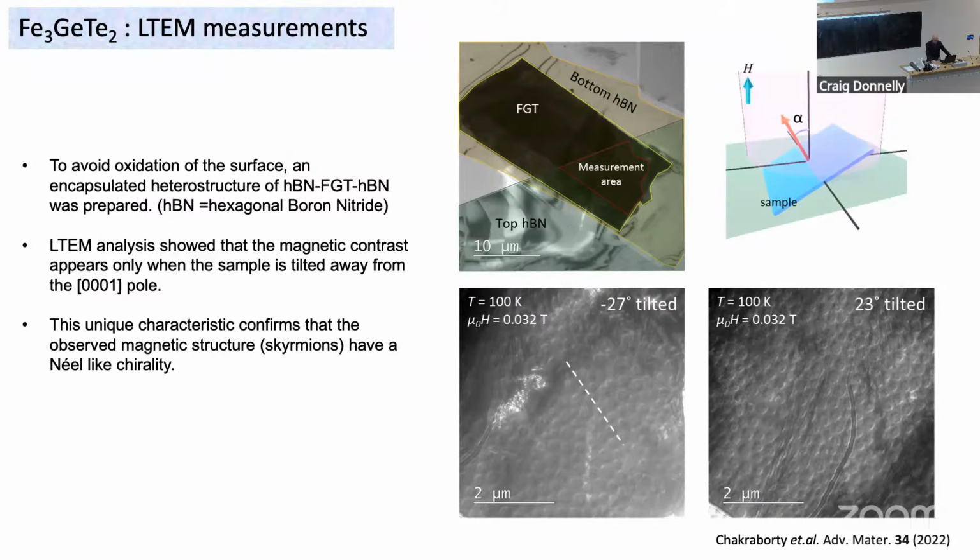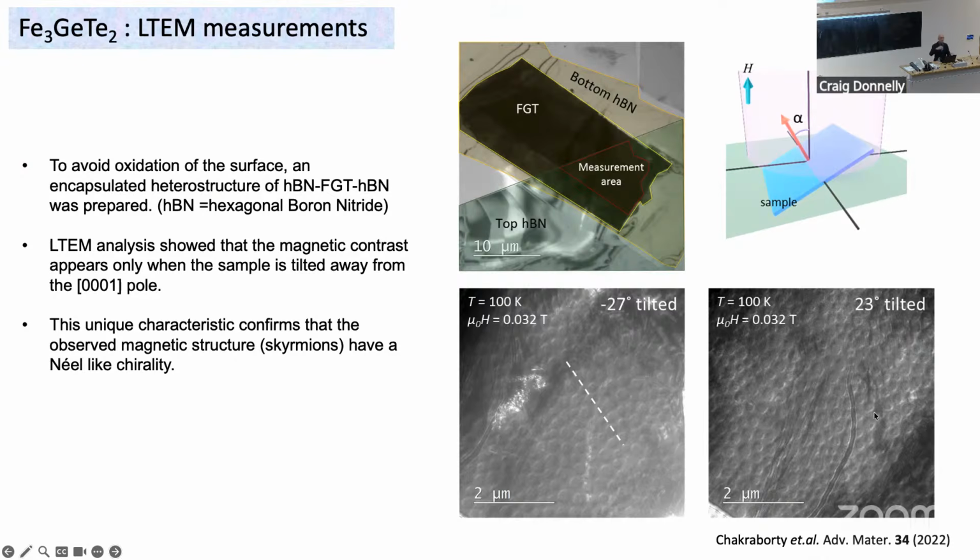Now I just want to mention this. I mentioned skyrmions on Monday, and it turns out this material should not show skyrmions because it has a centrosymmetric structure, which does not allow for the vector exchange interaction called the Dzyaloshinskii-Moriya interaction. But this is just to show you that indeed, using Lorentz transmission electron microscopy, where we pass an electron beam through a very thin layer of the sample, which we take out of a single crystal using focused ion beam milling, you can see a beautiful array of these skyrmionic objects.